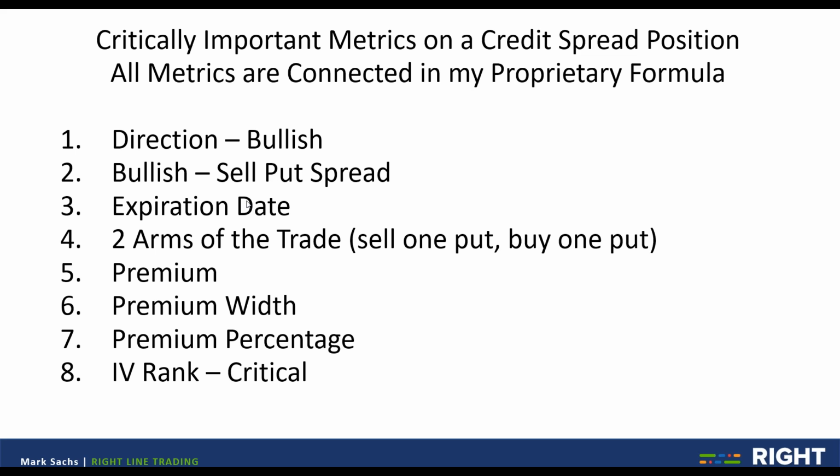I'll show you how this works better on the Thinkorswim platform. But remember, for each incremental change in price of the underlying stock, you really only want your spread to change a small amount. You've got time decay on your side.